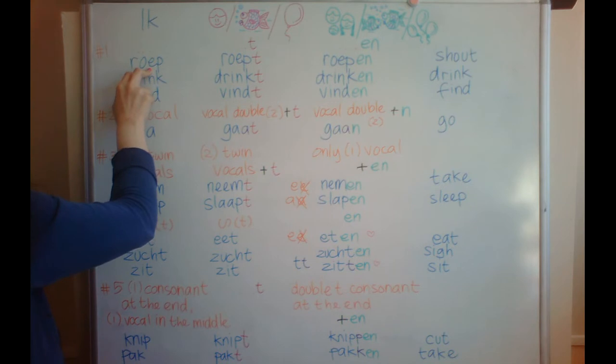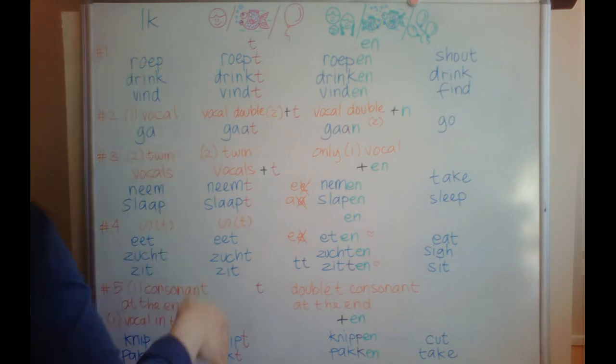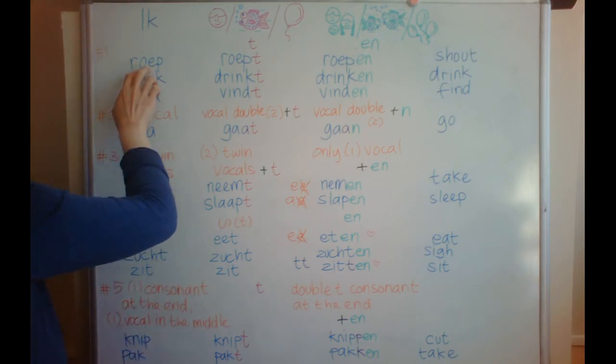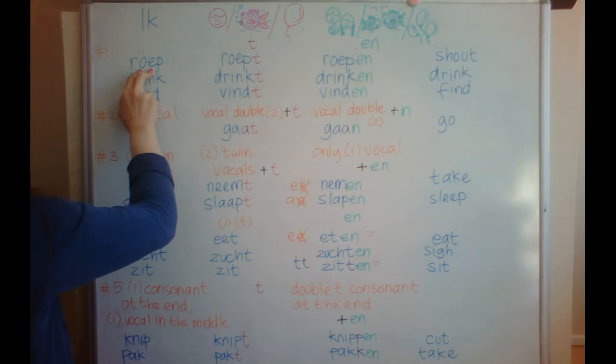Vowels in Dutch are a, i, u, e, o. In English, u is not, right? E and o.